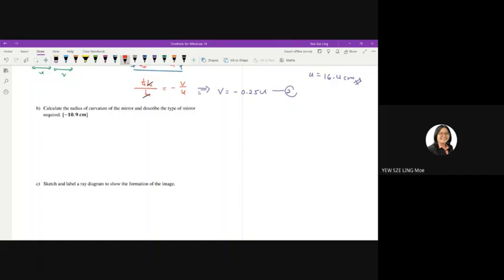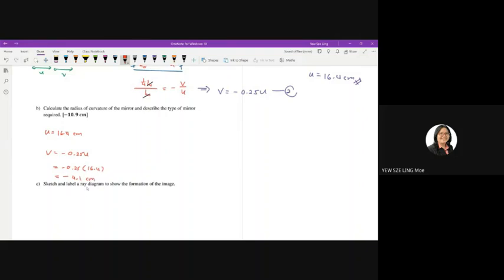So basically now that you have U, you can calculate V by using V equals negative 0.25 U. So U equals 16.4 cm according to question A, and then V equals negative 0.25 times 16.4, so it equals negative 4.1 cm.